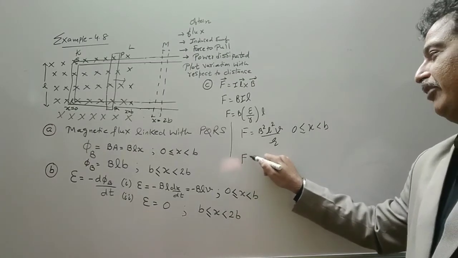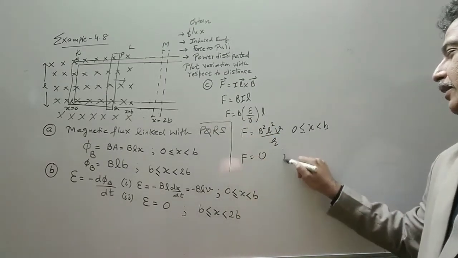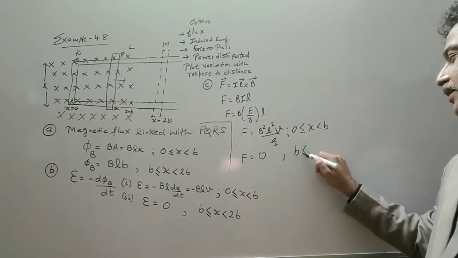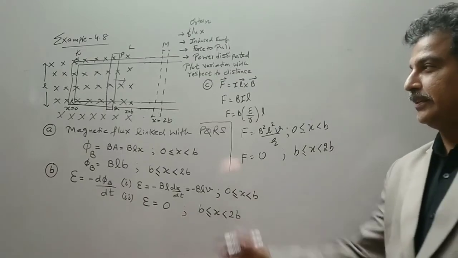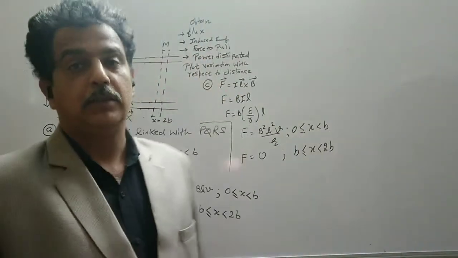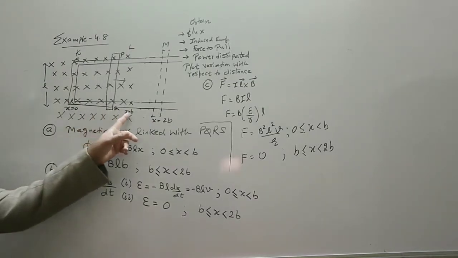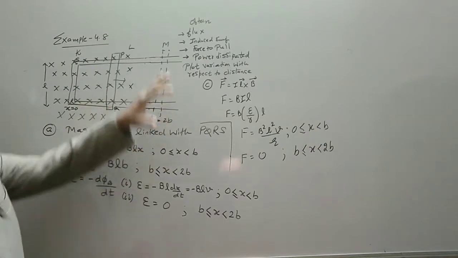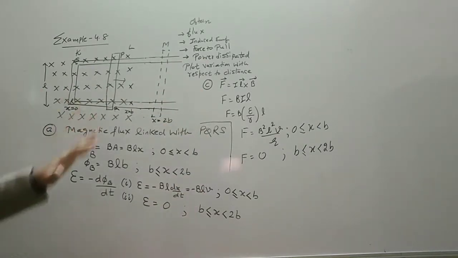And again F is equal to 0 for B less than or equal to X less than 2B. No force is required because there is no EMF induced, there is no opposing force. So the force is 0 from B to 2B. So this is an expression we are writing by applying the formula.